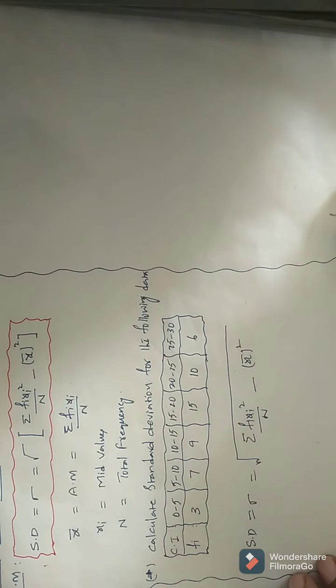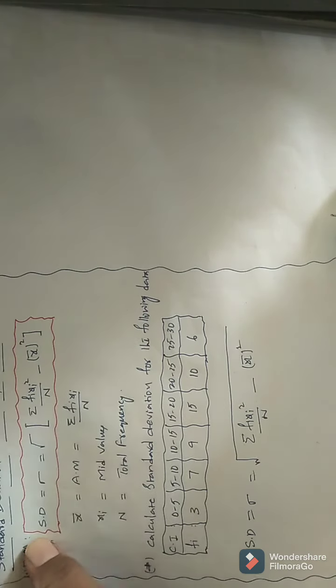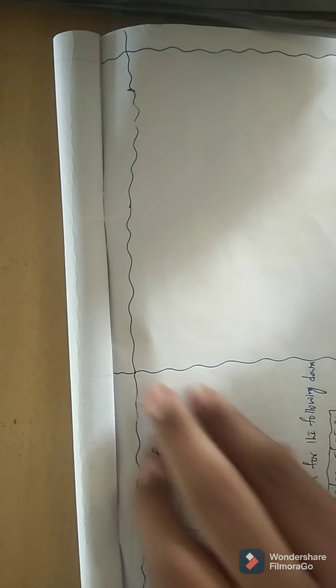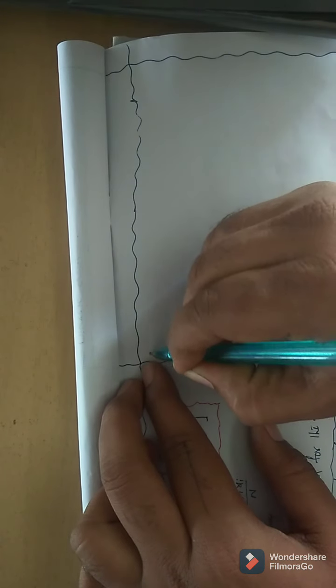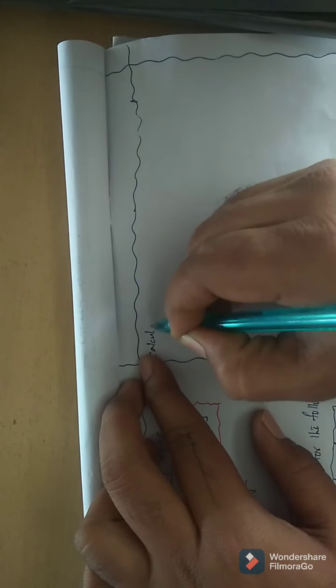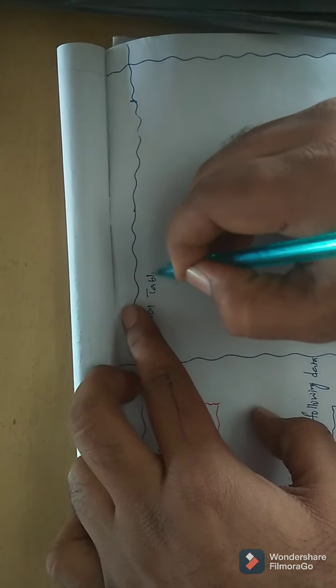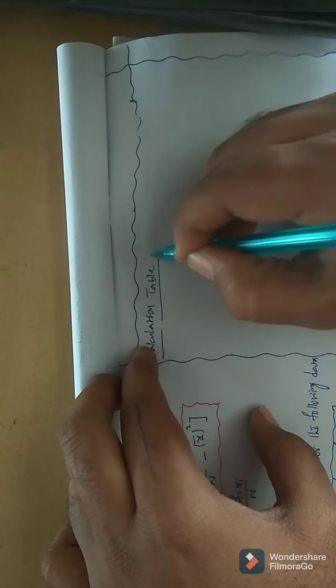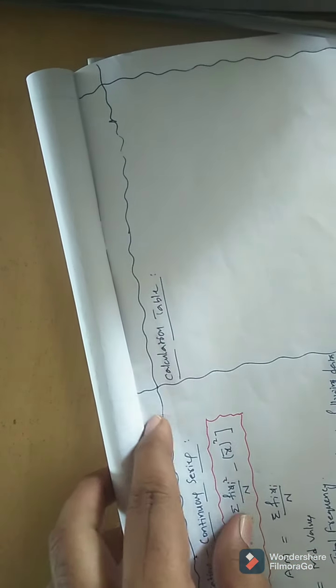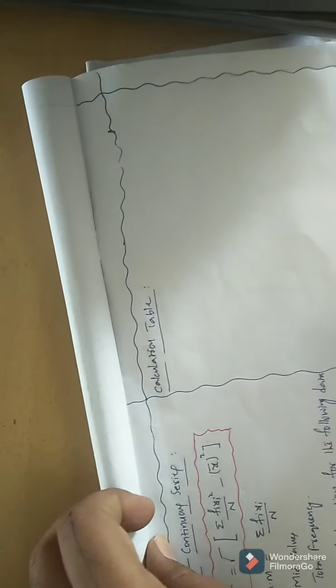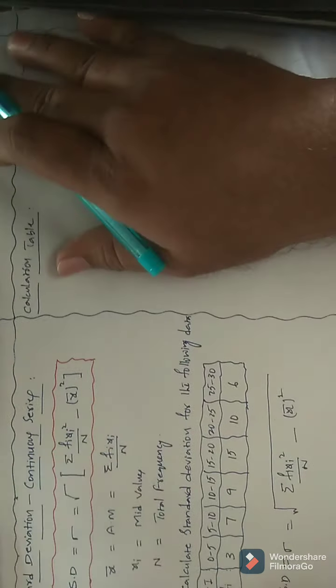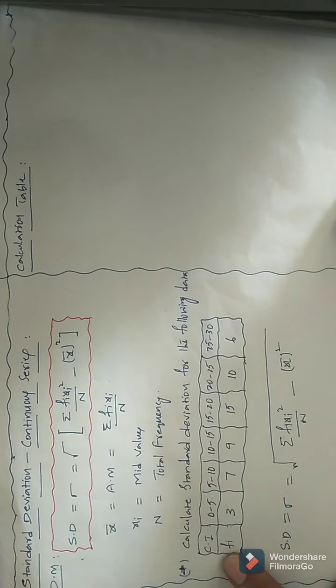Now as usual, we go for creation of the calculation table. So what are the columns you are going to get? The first thing is the problem, which we write as it is. Here there is no confusion. The problem is of class intervals, CI, and fi.